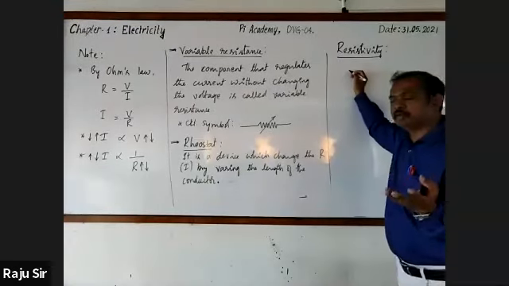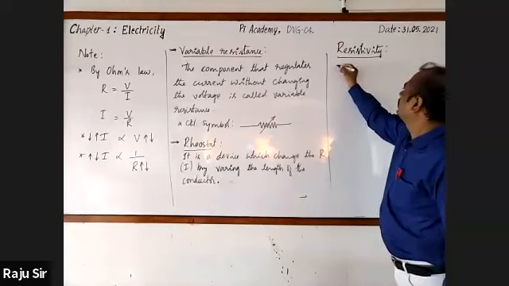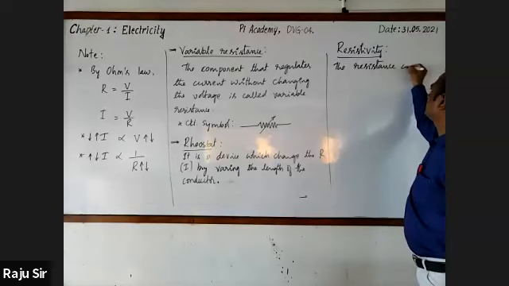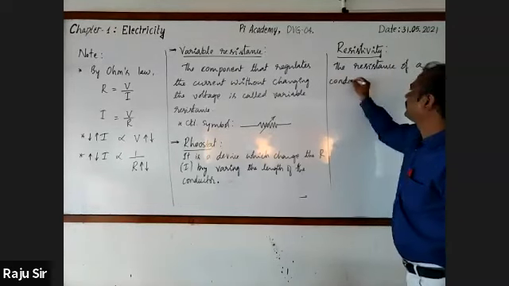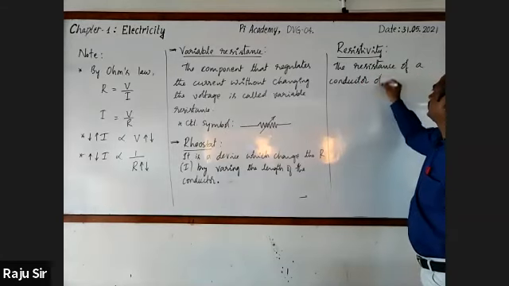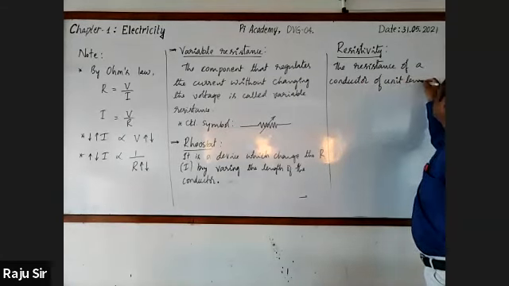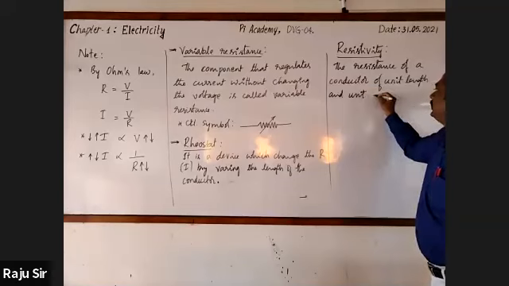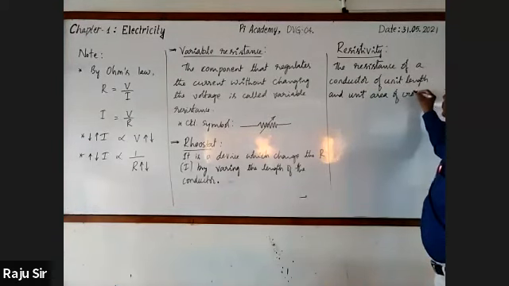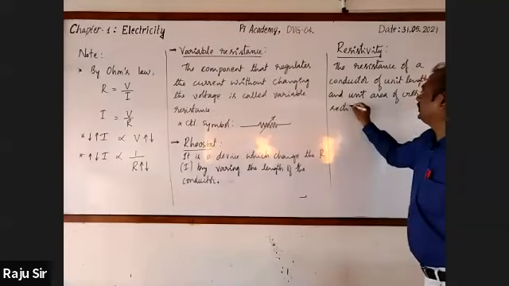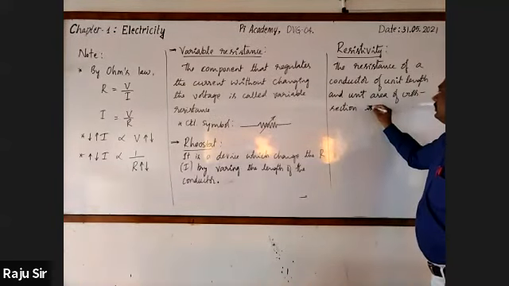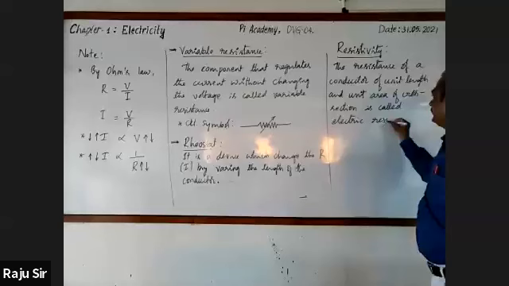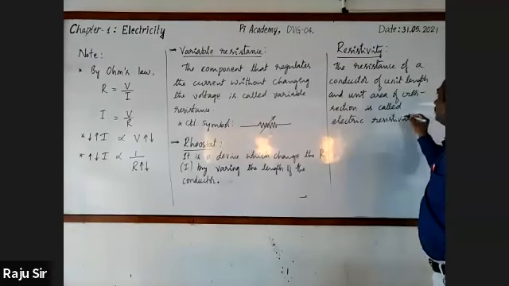Resistivity, or you can even write electric resistivity: the resistance of a conductor of unit length and unit area of cross section is called electric resistivity.